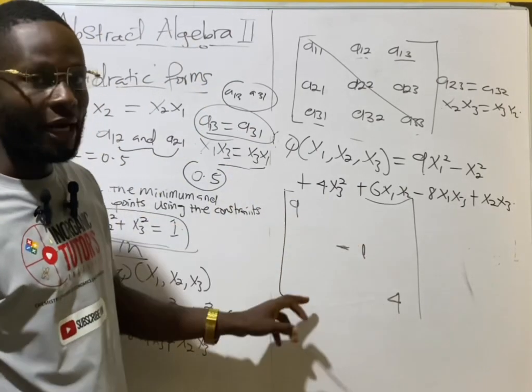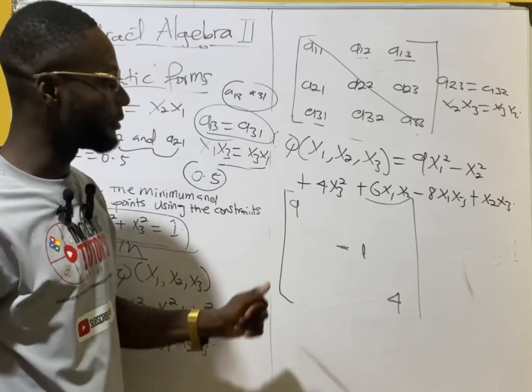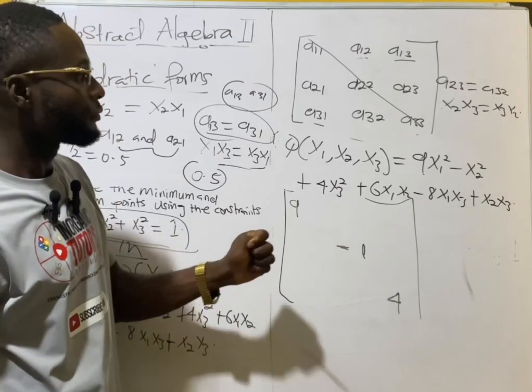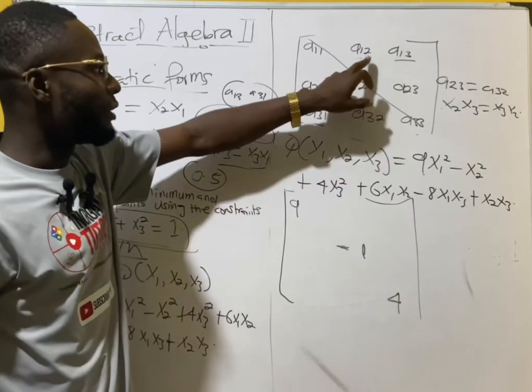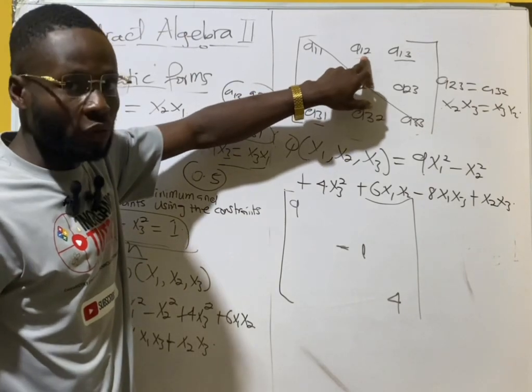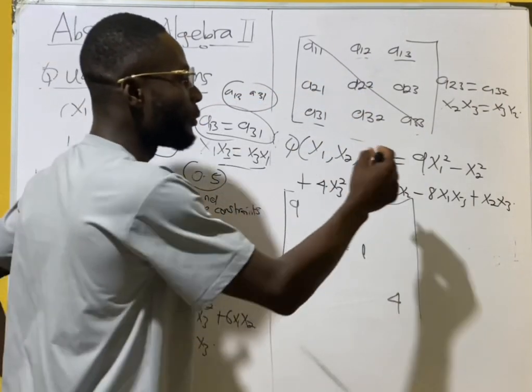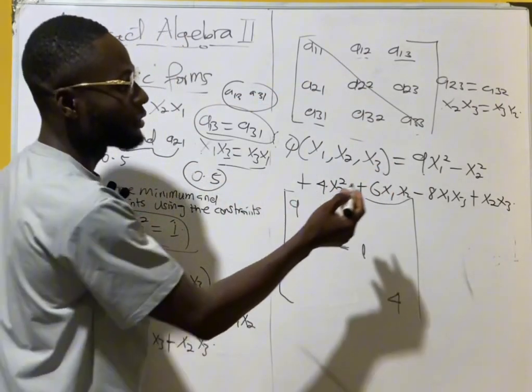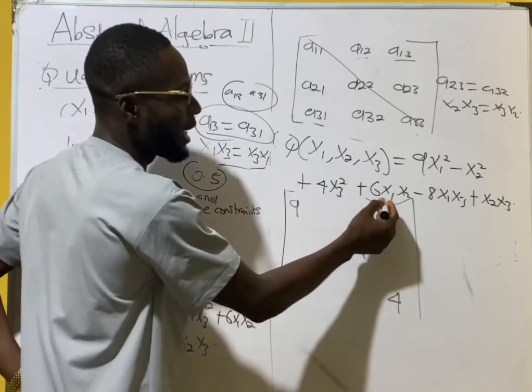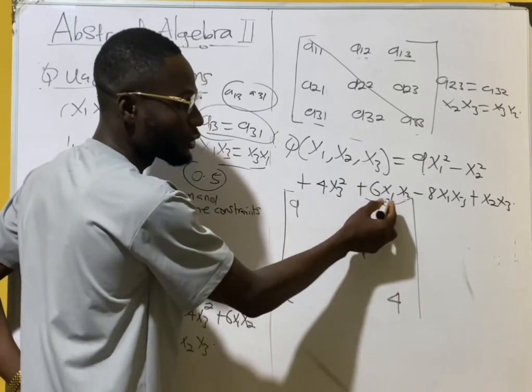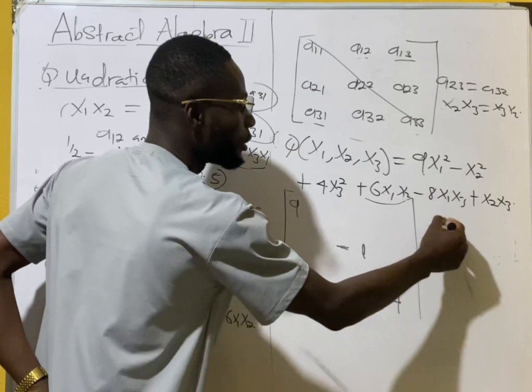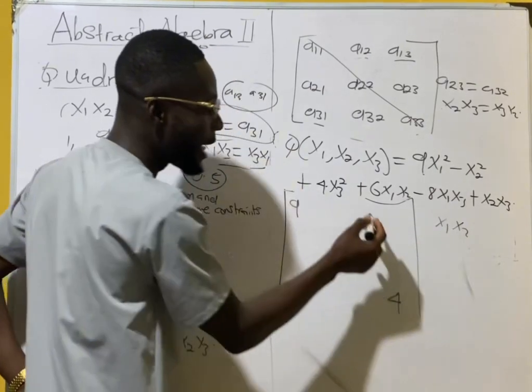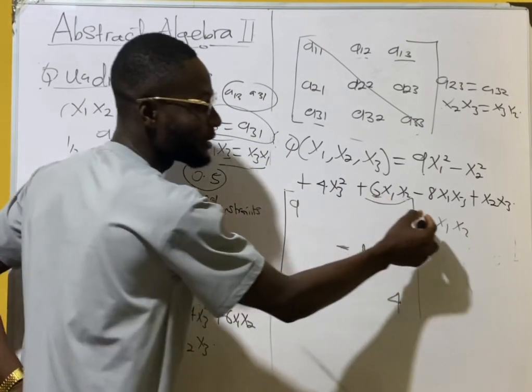We need to find the elements in the upper half and the lower half of the matrix. So we are interested in a12. We know that a12 is basically the x1x2 term, and the coefficient over here is 6, right?